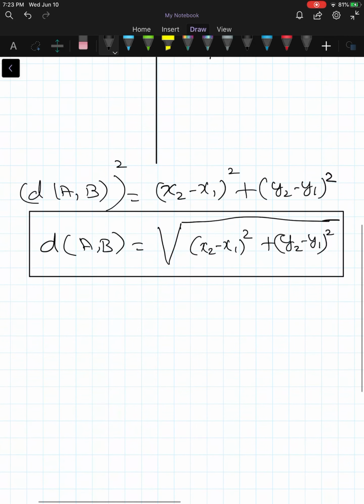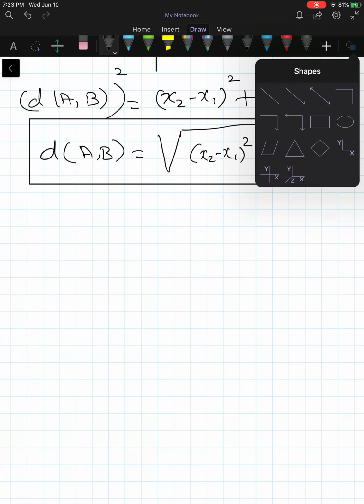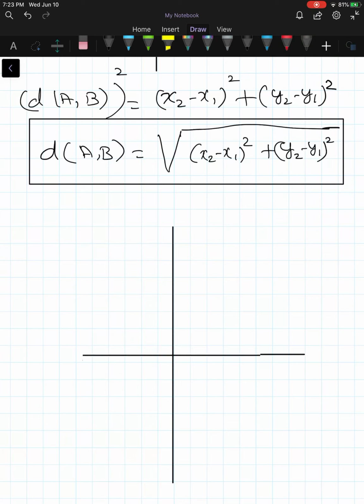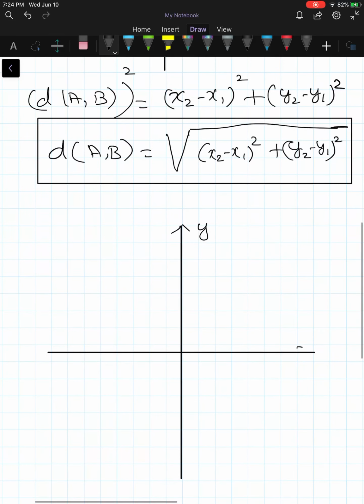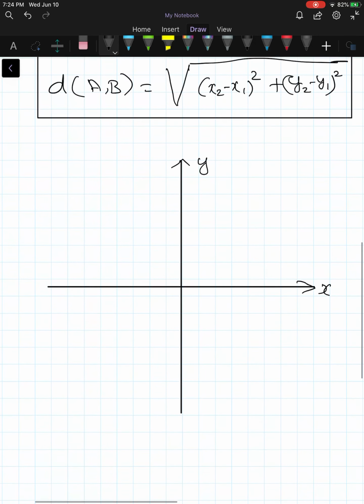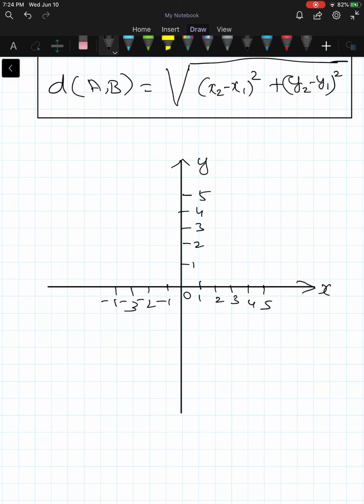So now we will apply this formula and solve a problem. Suppose we are given x-axis and y-axis, and I shall number them: origin, 1, 2, 3, 4, 5, and -1, -2, -3, -4, -5 on both axes.